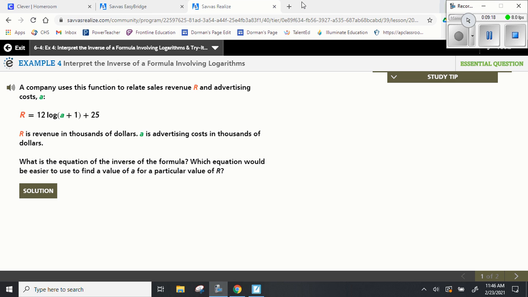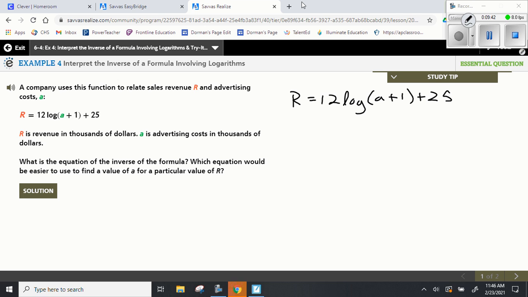Let's answer the question. So first thing I want to do, I'm just going to write this: R equals 12 times log base 10 of A plus 1, plus 25. And we don't have to do the first step where we take the f of x and make it a y. We're going to switch these two variables as our first step.